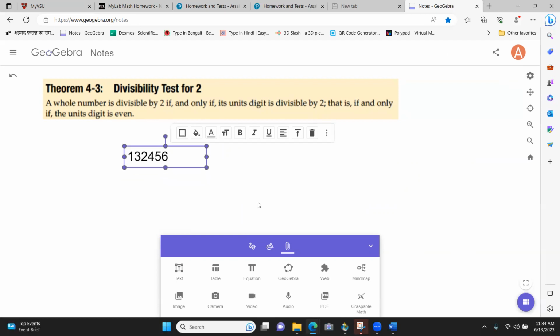Basically, if a number is even, what are even numbers, guys? 2, 4, 6, 8, and so on. If the units digit is even, the number is divisible by 2. Well, that's something you guys probably intuitively knew.